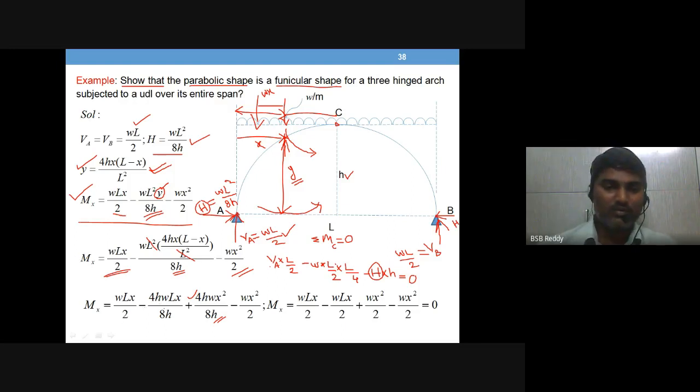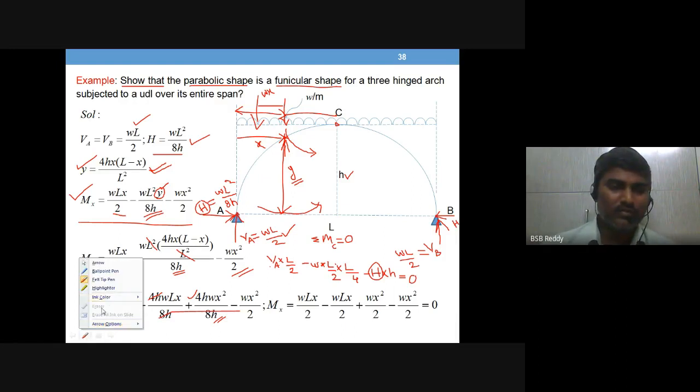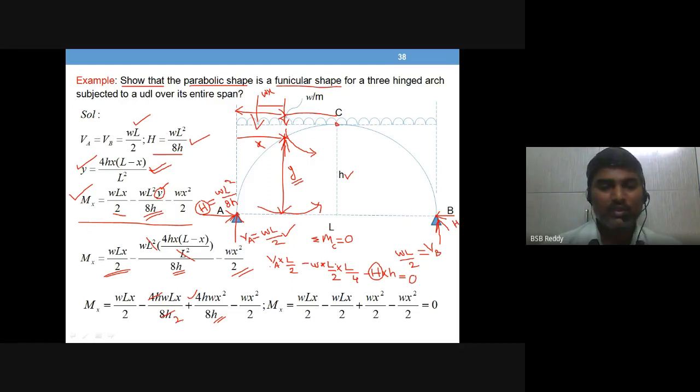Right. So now you simplify this. 4h, here you have 8h, so divided by 2 you get. Same here, 4h you have and 8h you have, divided by 2 you have. So what is here?